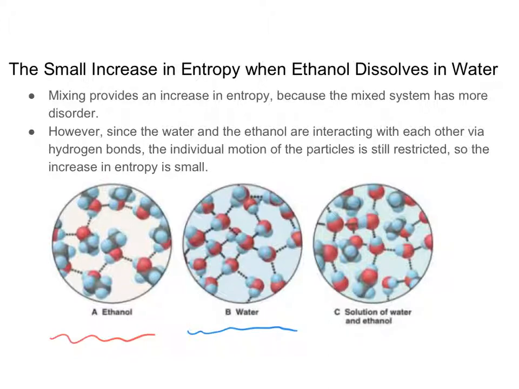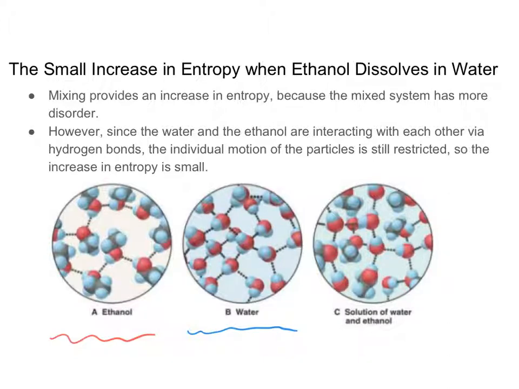When you mix things together, in this case, ethanol has some degree of order to it, and water also has some degree of order to it. But when you mix them together, there is an increase in entropy as there is a subtle increase in disorder.